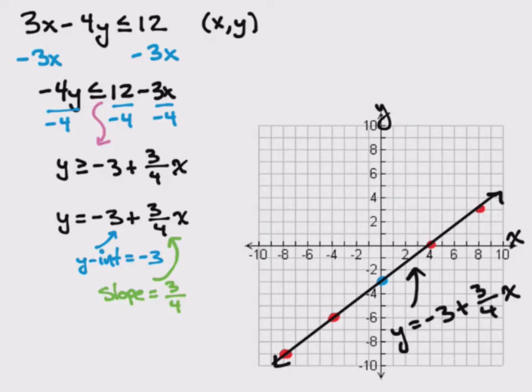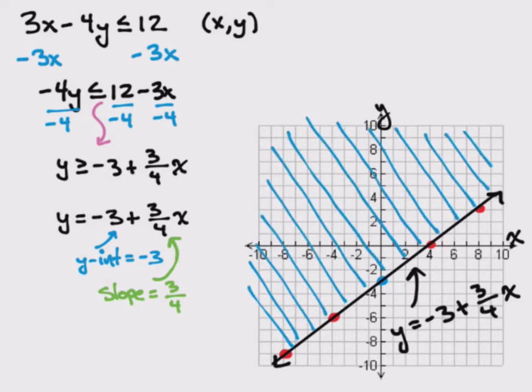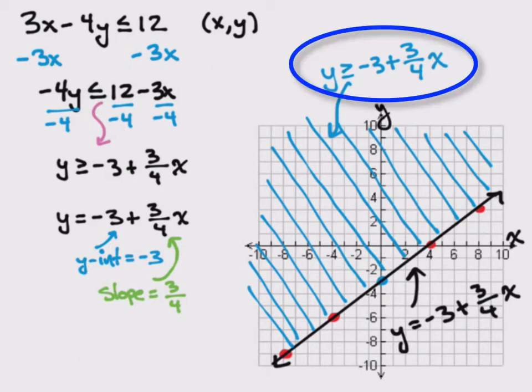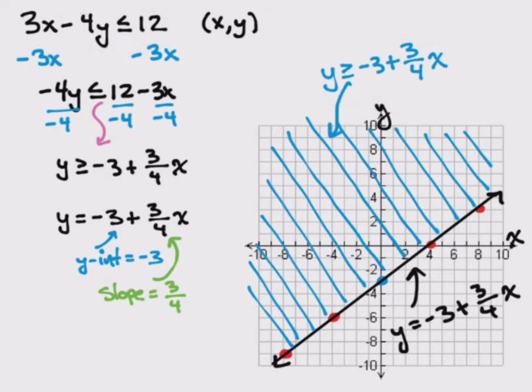So when we're graphing these inequalities by hand, my suggestion is to shade 1/2 of the plane kind of like this. And this graph represents all of the solutions to the inequality y is greater than or equal to negative 3 plus 3/4 x, or the inequality 3x minus 4y is less than or equal to 12.